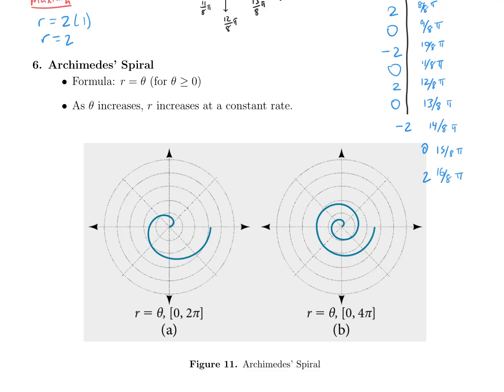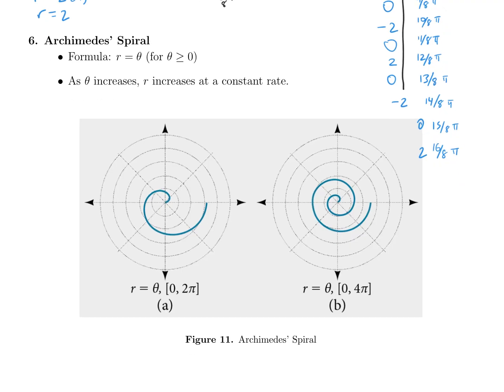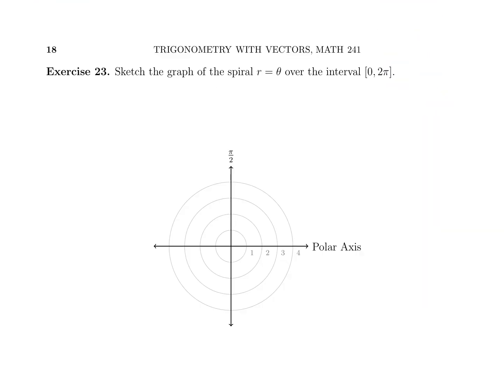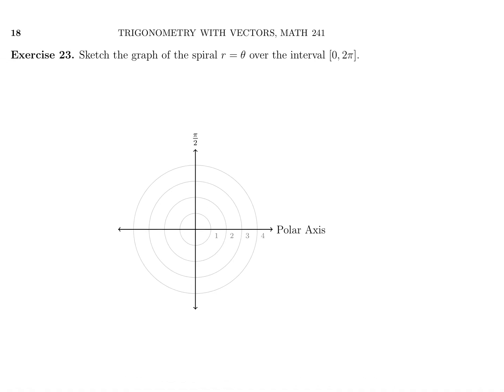So let's take a look at our last graph on the final page of this section. Okay, so for this one, you don't really have to do anything other than just create a table of values like we've been doing, r comma theta. And I'm not going to do the third column. I'm just going to go from 0 to 2 pi because that's all they're asking us to do, as you can see by the interval.